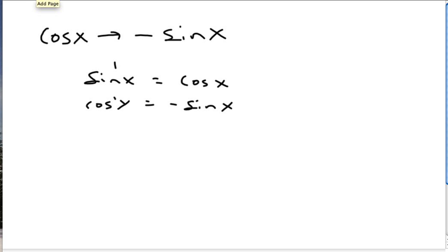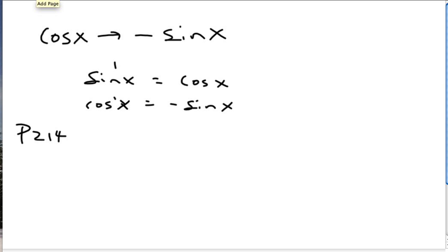Also, there's some stuff in the textbook that might be very useful to memorize. On page 214, these are the equations. The derivative of sine x equals cosine x.